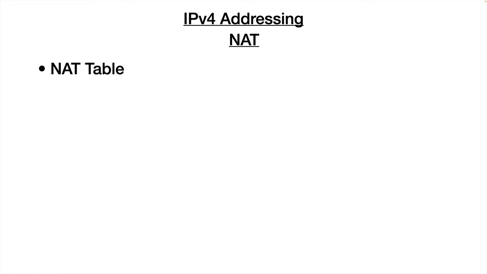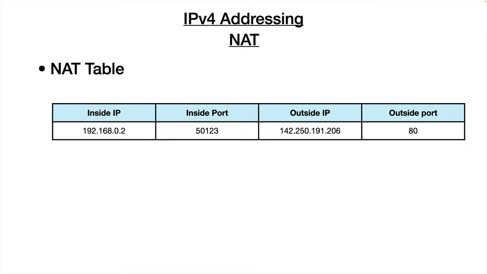Basically, NAT maintains something called a NAT table that controls communications from machines on the inside to and from machines on the outside of your router or outside of your home. So I'm going to show you a real quick NAT table. It'll look something like this.